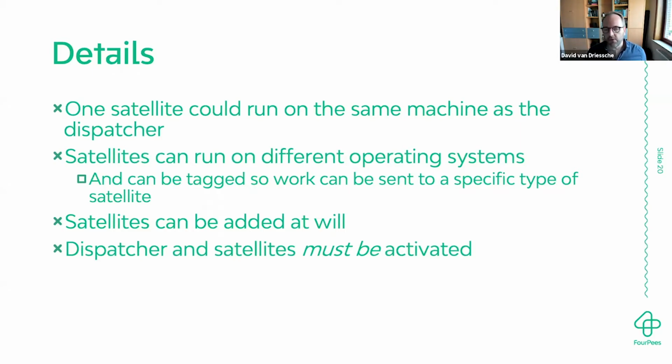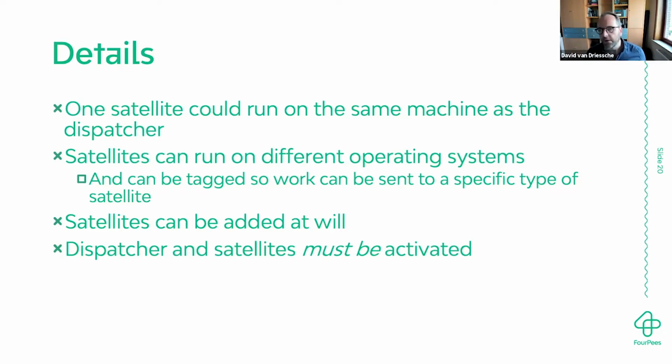So you can run them on Windows, Mac, and Linux, and you can also tag them to say, this is that kind of satellite. That means that if you're processing jobs, you could give a job to the dispatcher and say, I want this to be processed on a satellite that is tagged as Windows. Why? Maybe because most of what you're doing is preflight, and there it doesn't matter on which platform it is done, but you also get some Word documents and you want to convert them to PDF, and you want that to happen on a Windows machine.